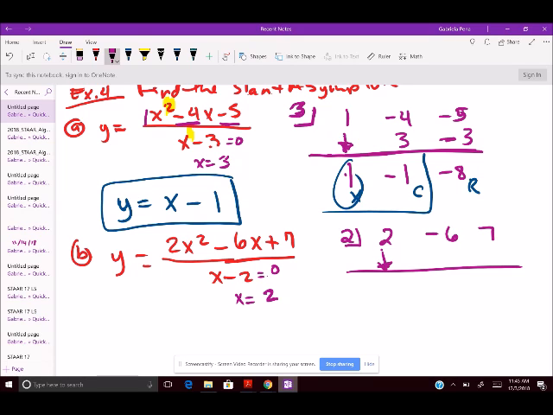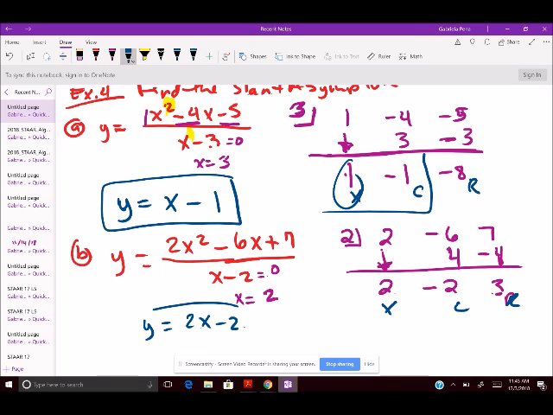Bring the number down. That's a 2. And that becomes a 4. This becomes a -2, and this is a 3. But this is my remainder, constant, and your x. So my answer would be y equals 2x minus 2. Exactly. So you only care about that part, not the remainder.